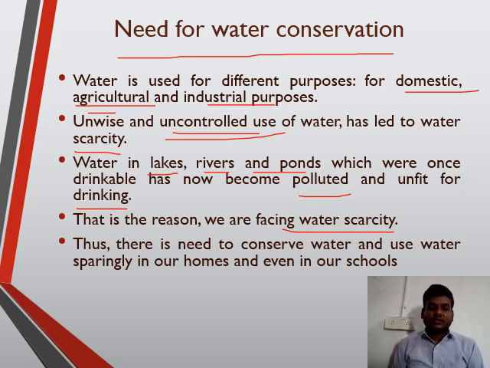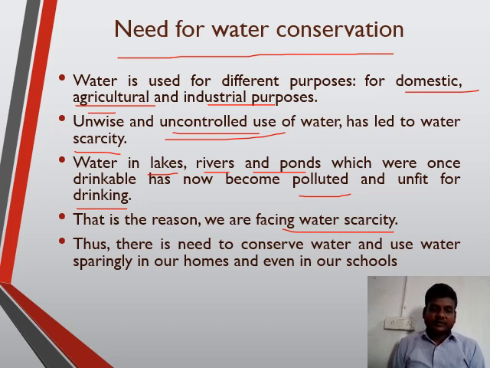We cannot control the water use and we pollute water. We also know that dark, dirty water is mostly drained into the river and pond. These are types of causes. This is the water problem, water pollution.